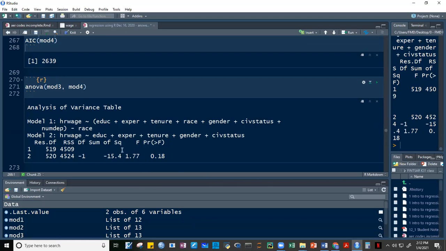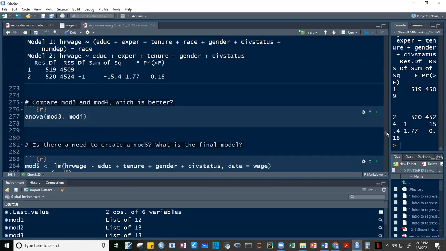Mas maganda yung tinanggal natin si number of dependents dito. Sino yung tinanggal natin? Si number of dependents, no? Dito. Tinanggal natin si number of dependents dito. So we'll stick with model number 4, yung mas binawasan natin.